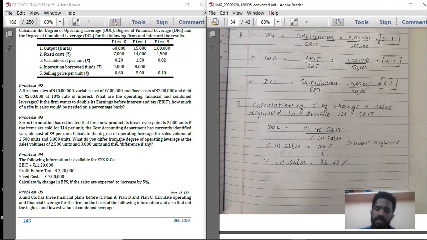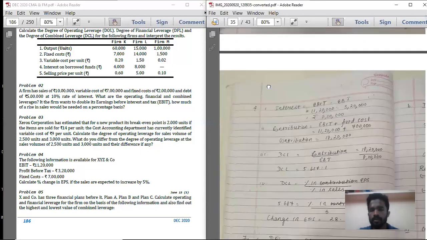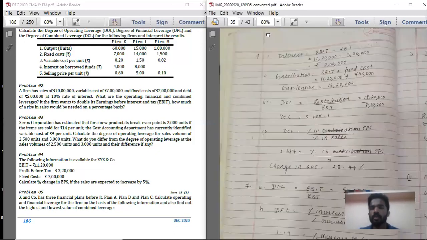So the percentage of change is 100% divided by 3. The percentage of change in sales is equal to 33.33%. With this we have completed problem number 2.